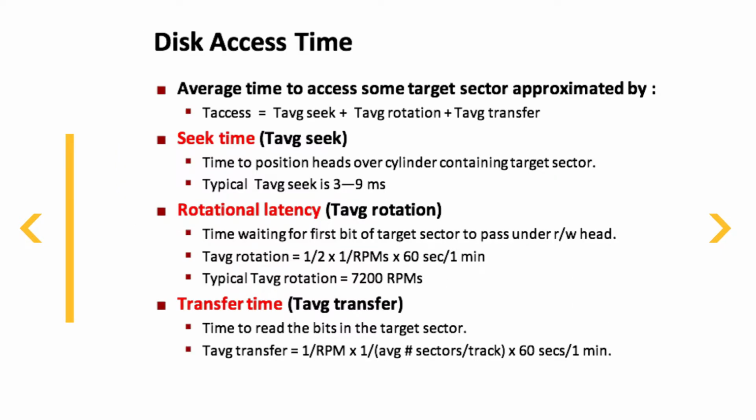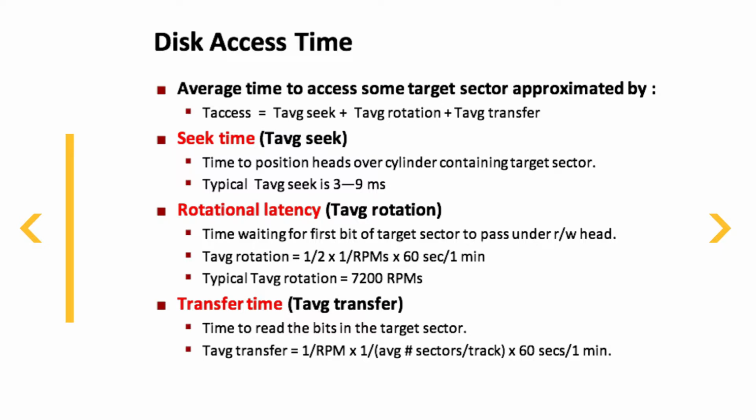Now, individual access times can vary based on where the sectors we're reading from are located relative to one another. So let's take a look at how we figure out the average times to access some target sector. Our access time is equal to the average seek time plus the average rotational latency plus the average transfer time.